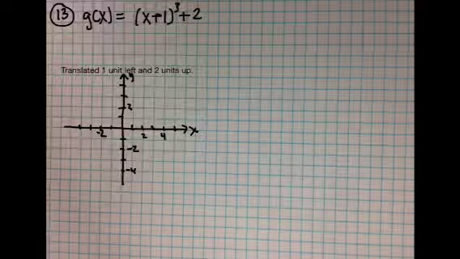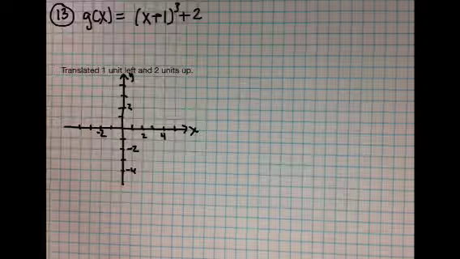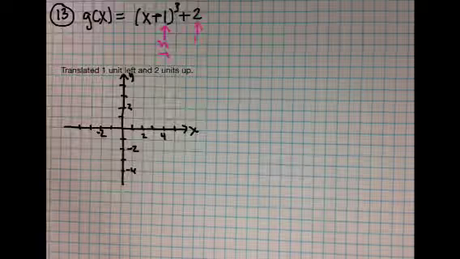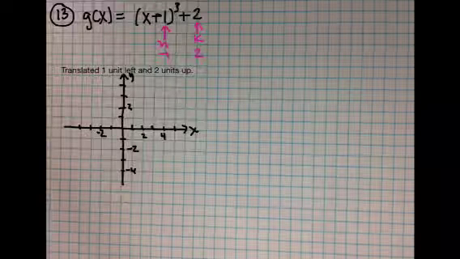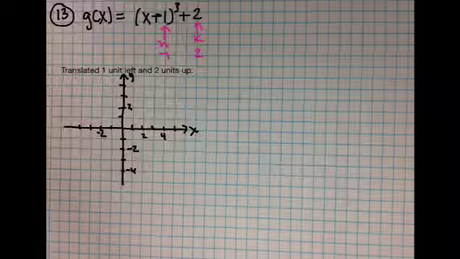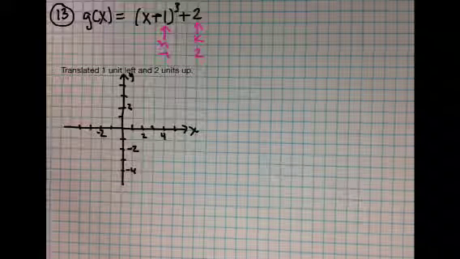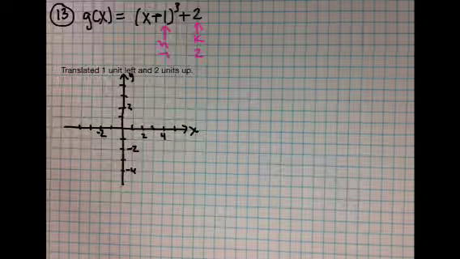So this would be your H, negative 1, and this would be your K, positive 2. Okay? So remember, H affects the X, K affects the Y. So we're going to add negative 1 to the X's and positive 2 to the Y's in our reference points.